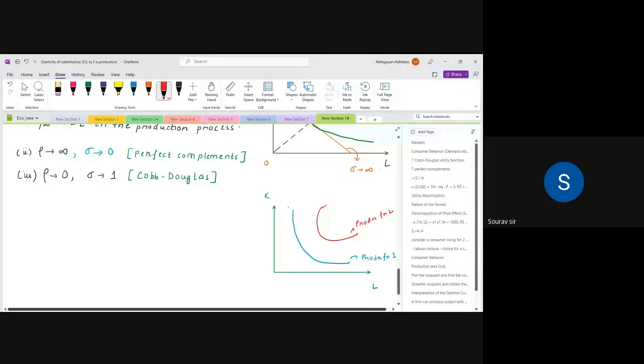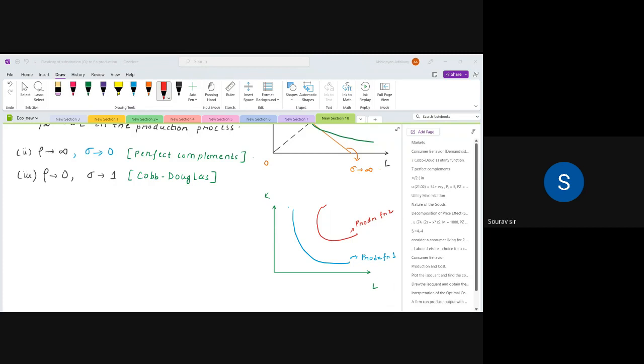So just by looking at the graph, you can say, कि कौन सा क्या है, right? Correct? So the more spread out, the more is the degree of substitutability. The more concentrated, the lesser is the degree of substitutability in the production function. Okay. So that's the idea of your elasticity of substitution.